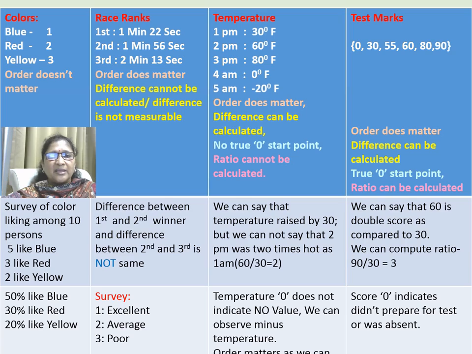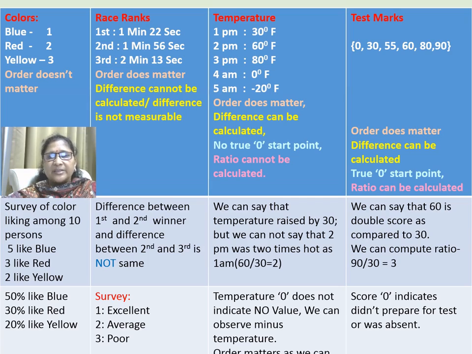If you look at the differences, they are not equal. Rather, there is no point in calculating the difference. This difference is not actually measurable, because once the race is over, we are talking about who's the first winner, who's second, and who's the third winner.